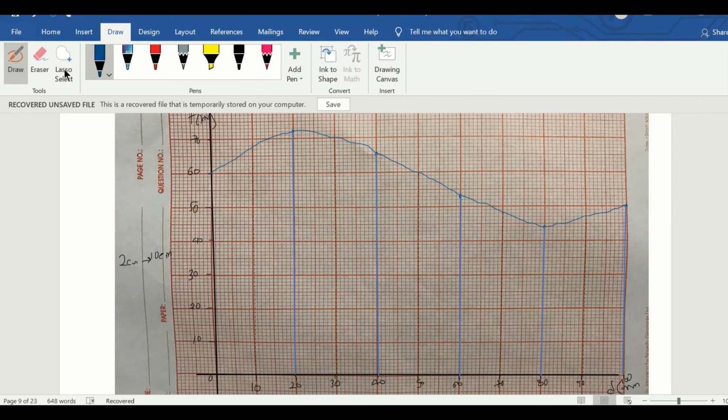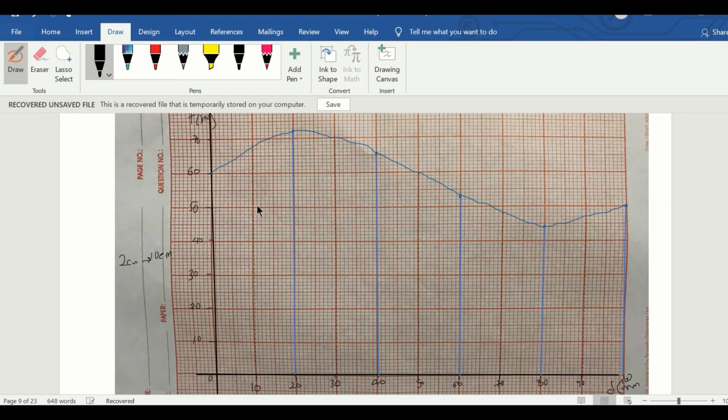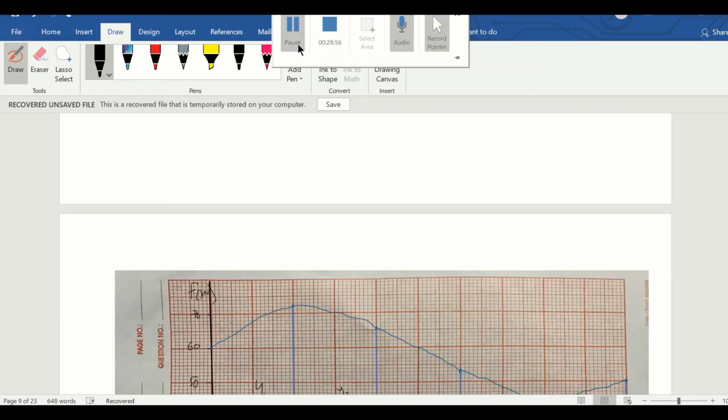So I can now label my work. Here's my y1, my first mid-ordinate. Here's my y2, my second mid-ordinate. Here's my y3, my third mid-ordinate. Here's my y4, my fourth mid-ordinate, and here's my fifth mid-ordinate.